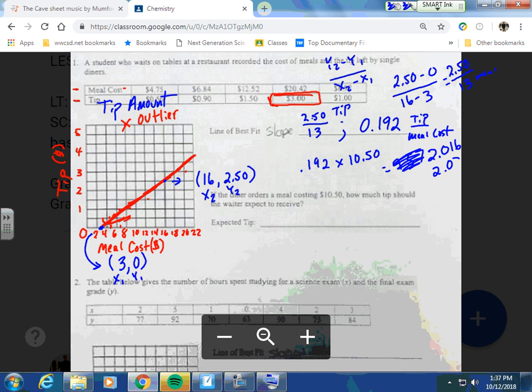If I round that off, 2.02. Huh? Yeah, I think something happened there. All right. So expected tip $2.02.